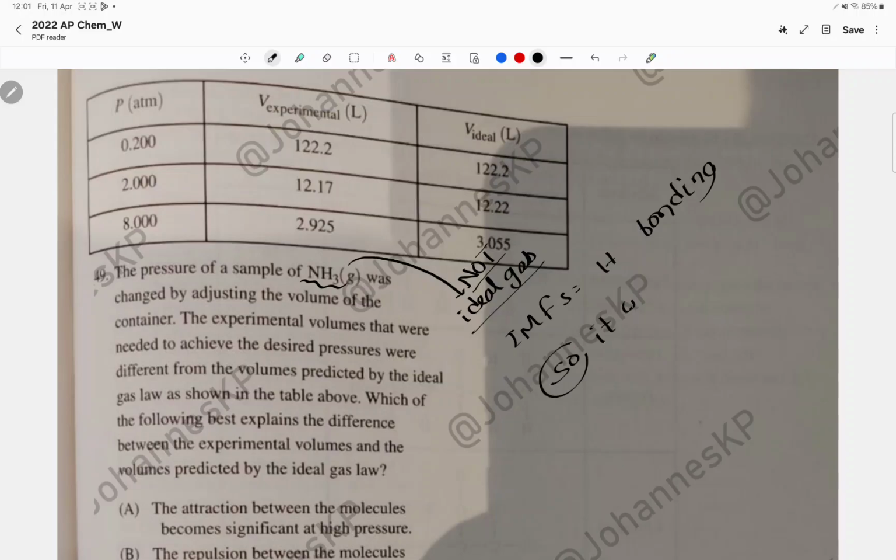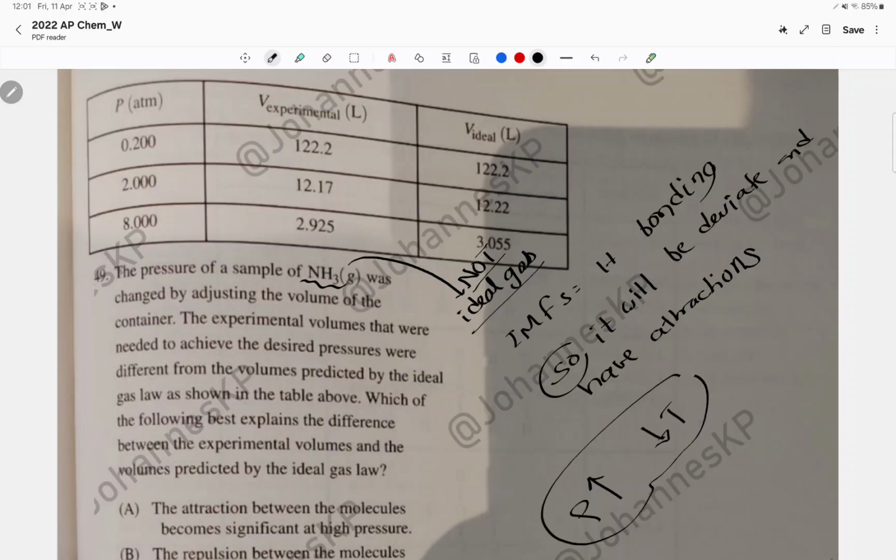So it will deviate and have attractions between its molecules. If you apply high pressure or low temperature, that's the reason for the deviation from ideal behavior. This is external, by the way. I'm saying externally, if you put high pressure or you put low temperature, you're going to deviate.